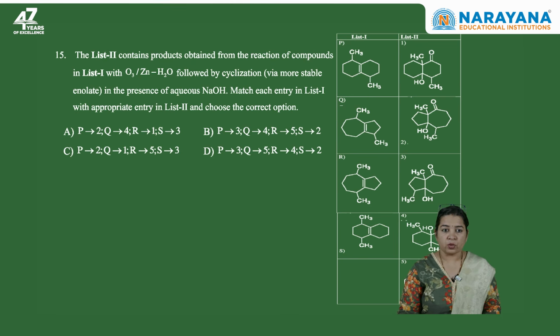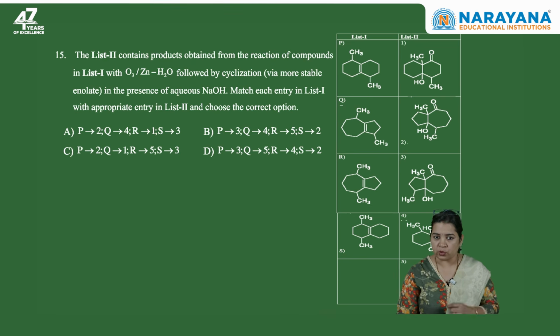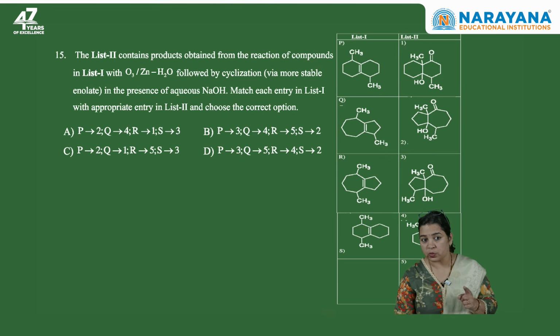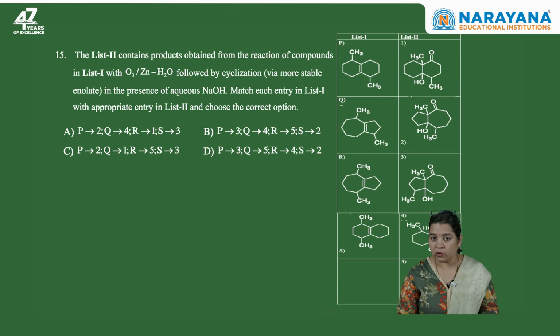So this is the list 1 and list 2 match question. The list 2 contains products obtained from the reaction of compounds in list 1. List 1 compound is to be treated with ozone, followed by cyclization via the more stable enolate, that is, the more substituted enolate, in the presence of aqueous NaOH.